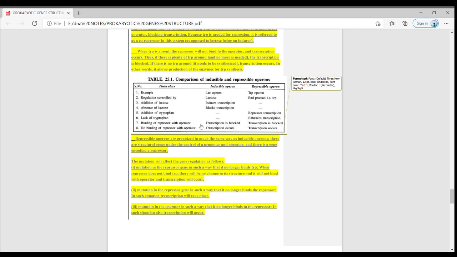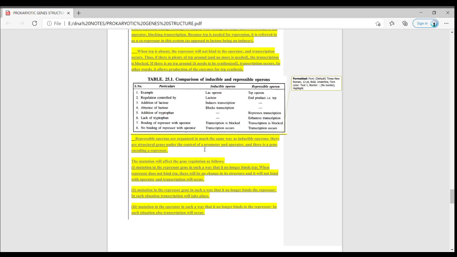With binding of the repressor with the operator, transcription is blocked, and here also the transcription is blocked when the repressor gets bound with the operator gene. With no binding of the repressor with the operator, transcription will occur in the inducible operon, and in the repressible operon also transcription will occur.